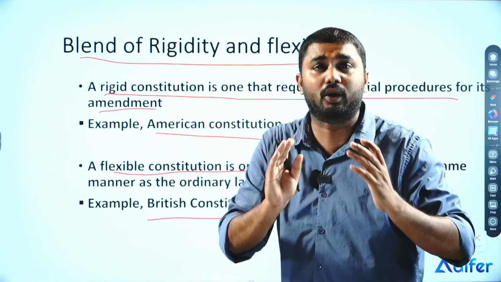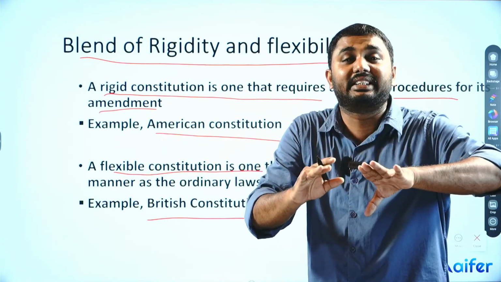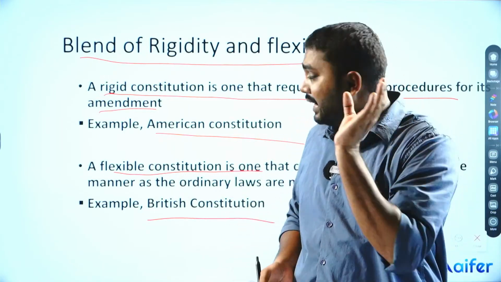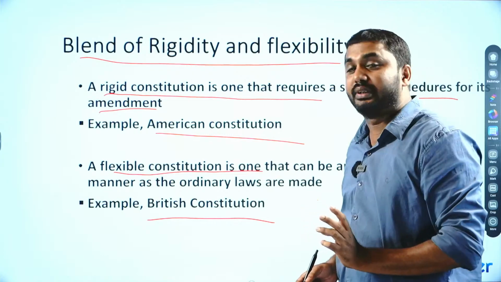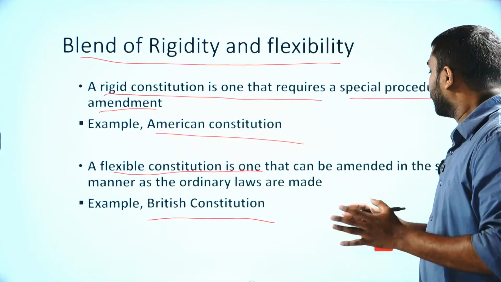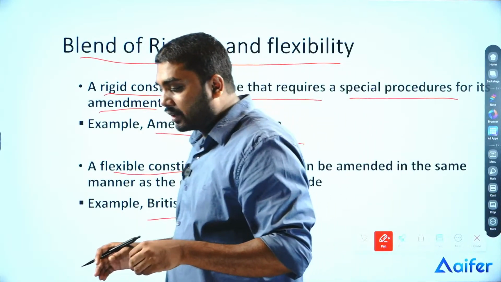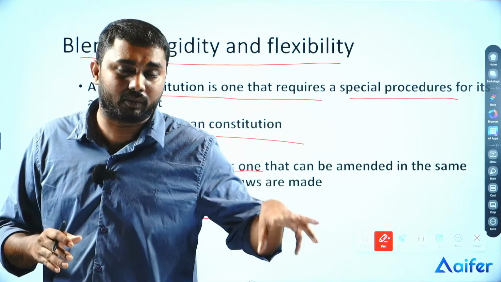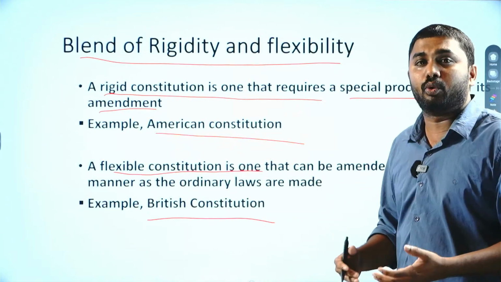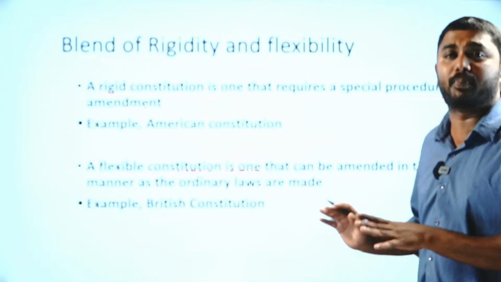In the case of a rigid constitution, special procedures are needed for amending the constitution. In the case of a flexible constitution, we can amend the constitution like preparing a new ordinary law, so a simple procedure is needed.